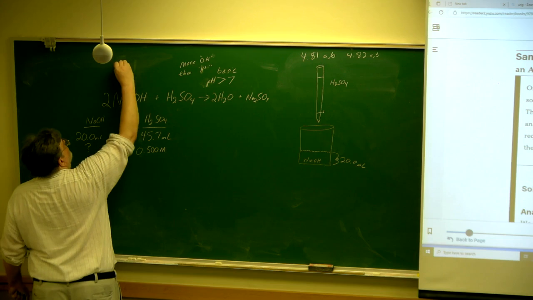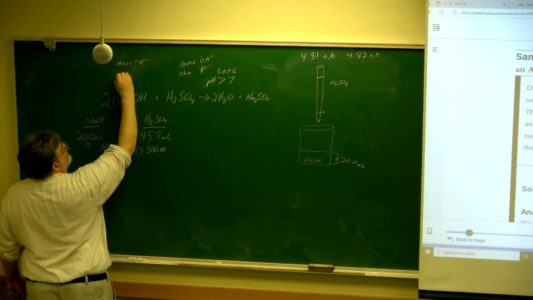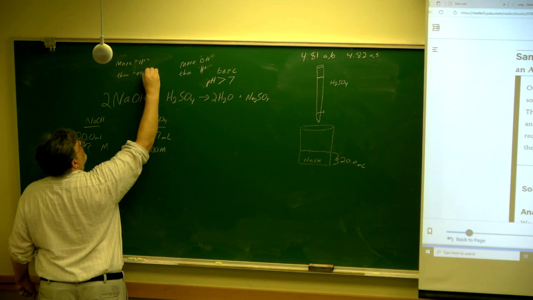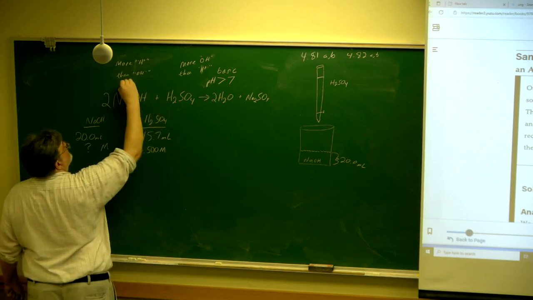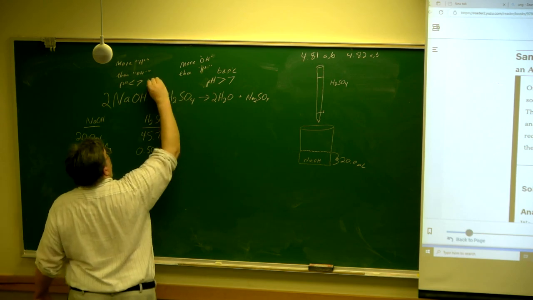If it has more H plus than OH negative, that's a pH of less than 7, and we would call it acidic.